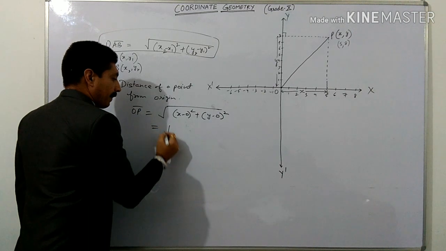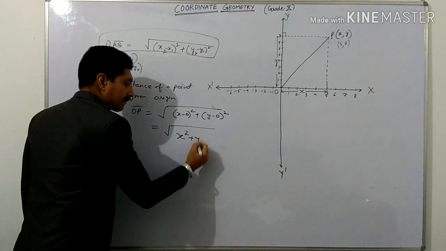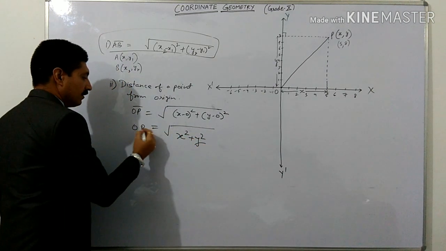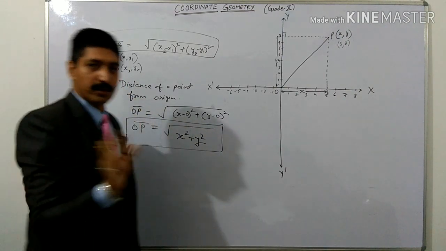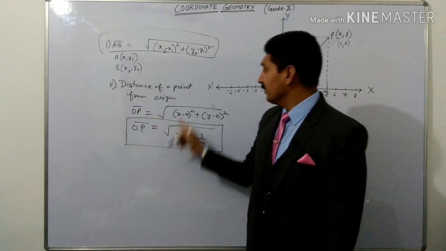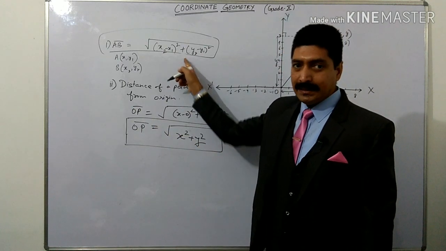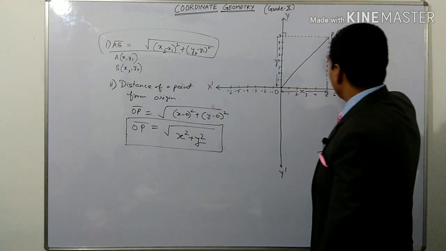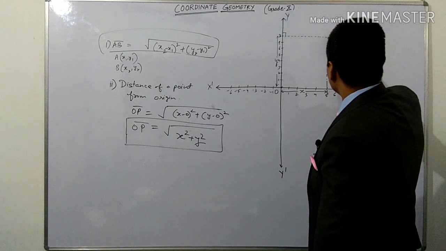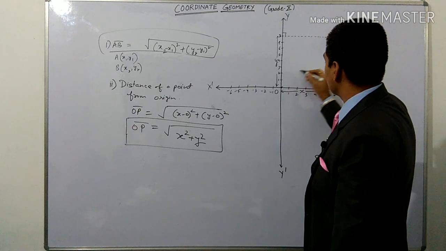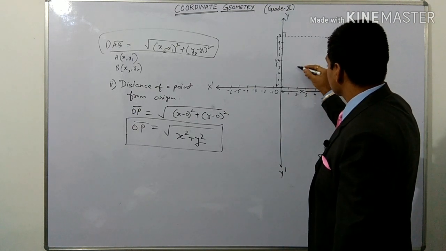So simple. This is a distance formula for any point P from the origin O, and I am using here the same distance formula. Let me take two examples. Let any point, 2 points, one point is A point and one point is B point.